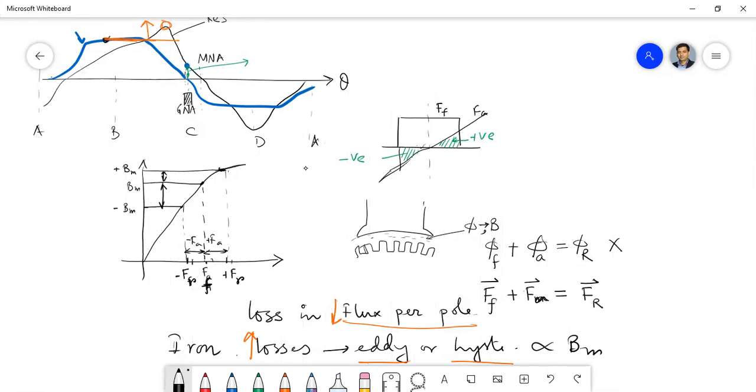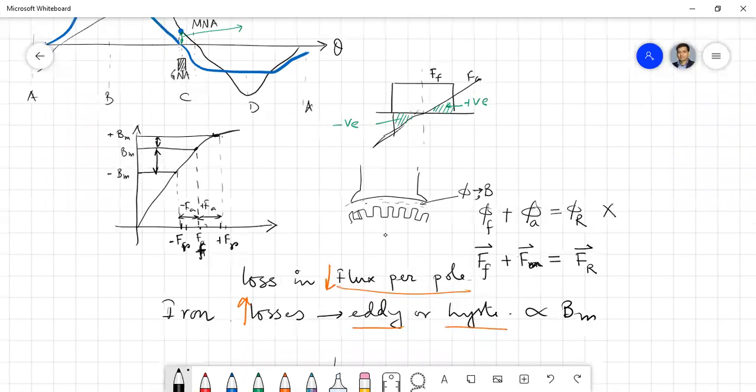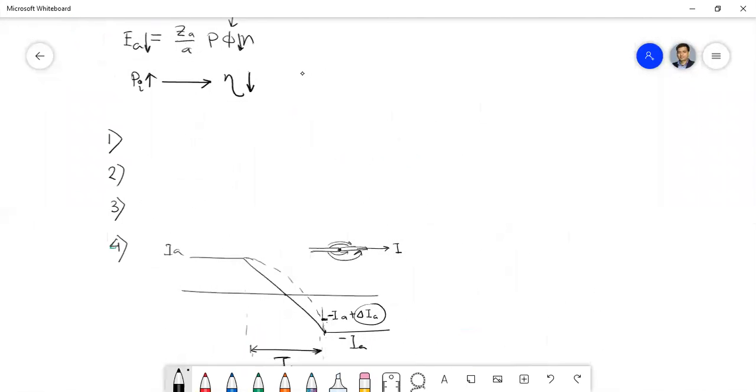Now this flux will give rise to inductance, because you know that inductance is nothing but d psi by di, where psi is basically N into phi. So the inductance of the coil going under commutation depends on the flux.